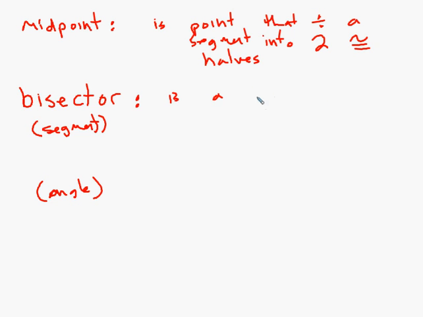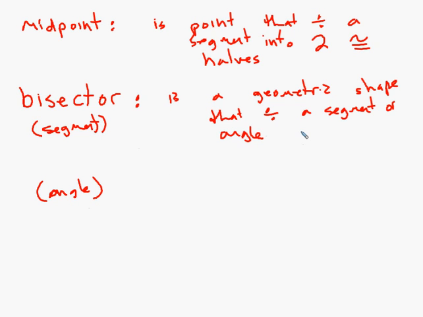It could be any geometric shape that divides a segment or angle, depending upon which one you have, into two congruent halves. So a midpoint is only going to apply for a segment, and a segment bisector will form a midpoint on something. A bisector, really, we use, for the most part, in conjunction with angles.